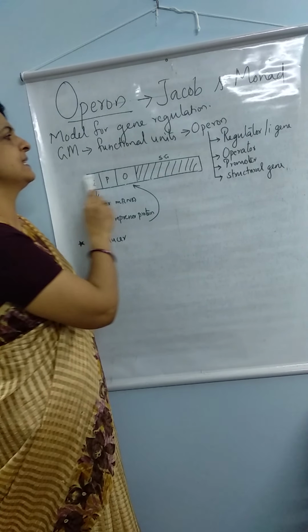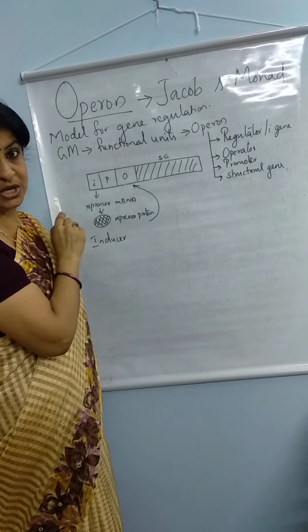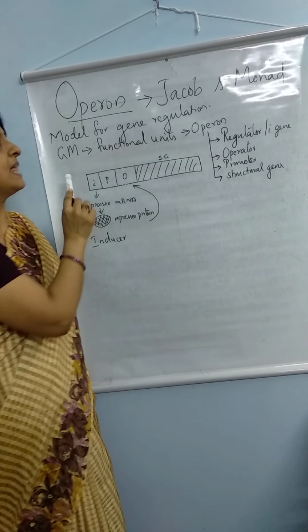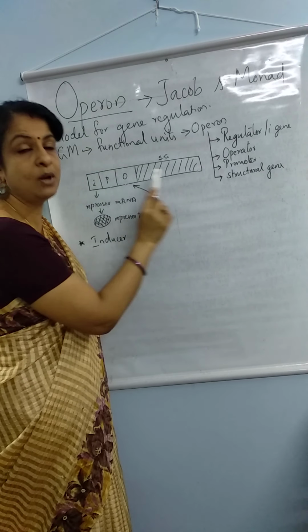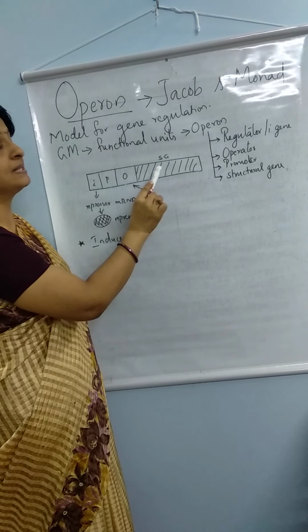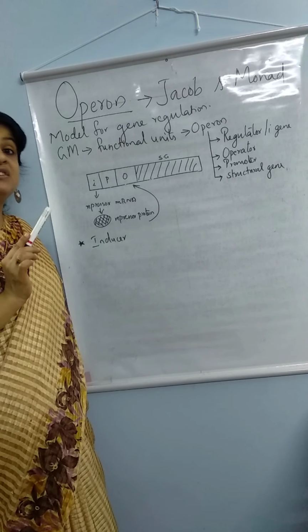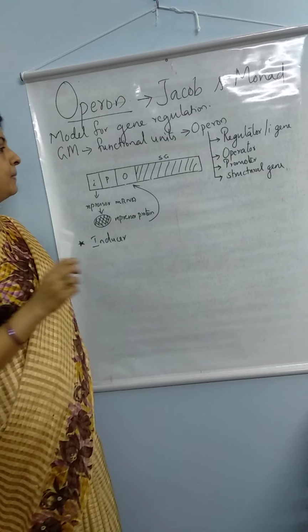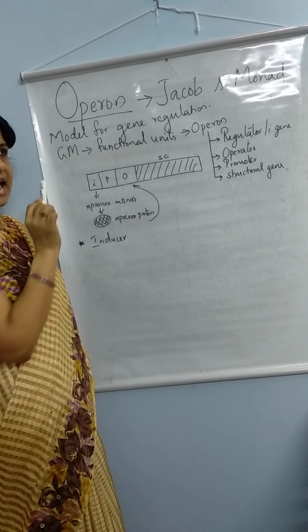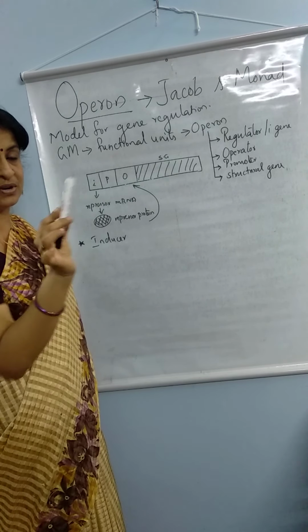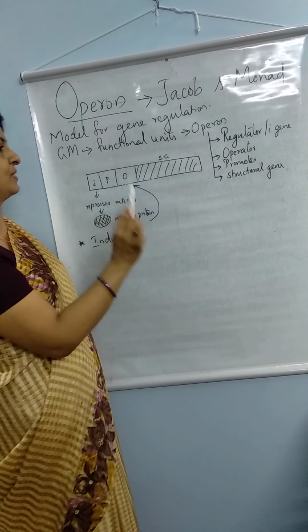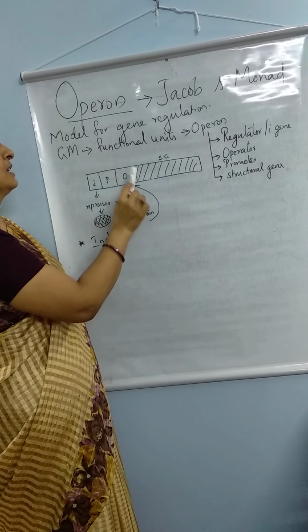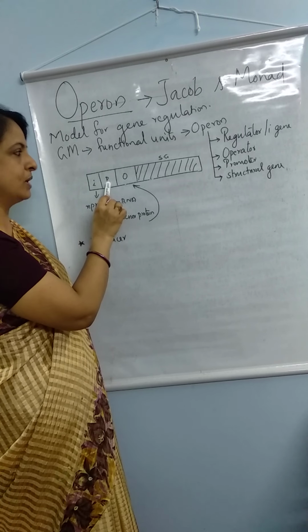Now, this is the diagrammatic representation of an operon. Actually, this is a portion of DNA. A transcription unit will have a promoter region, then a structural gene, then a terminator region. Almost the same here. Here also you are seeing a promoter region.